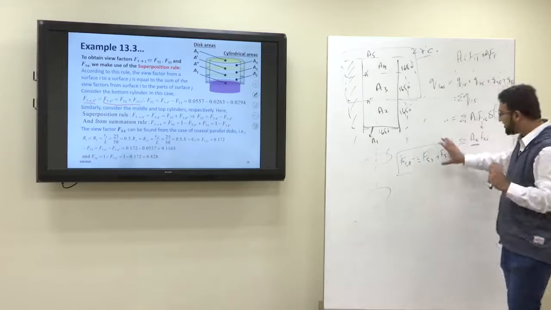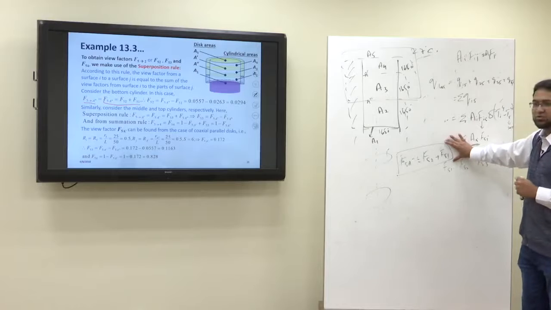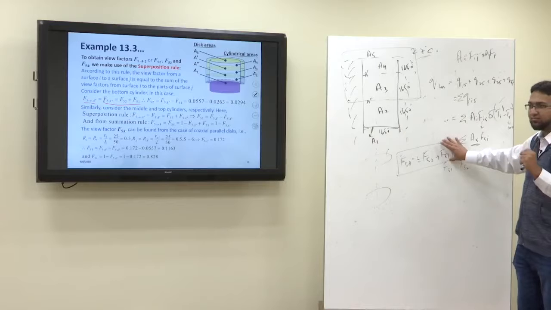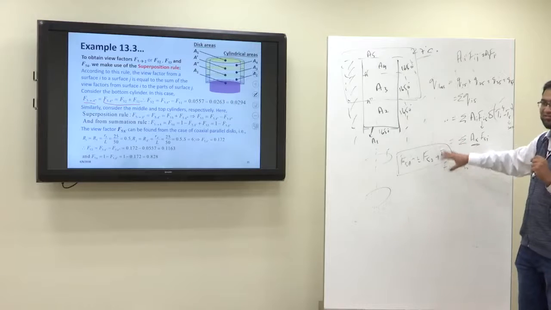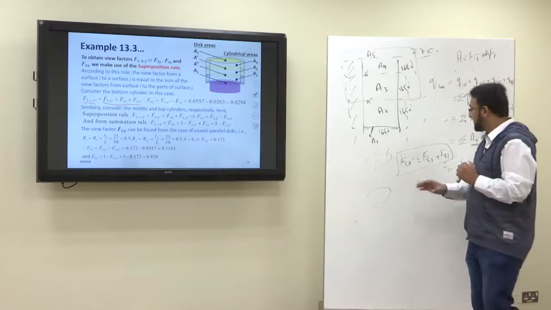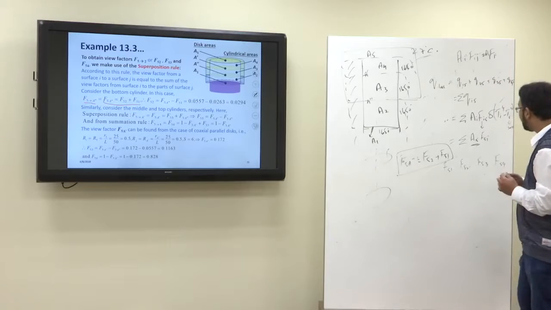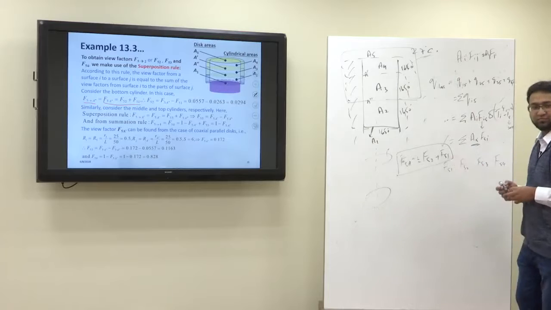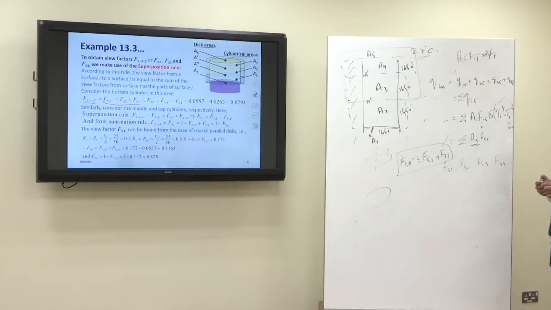Do you understand this relation or not? The important thing is that you tell me whether you understand this relation or not. If you don't understand, I'll explain it again. Okay? So if you know this, we already determined what is 5 to 1.